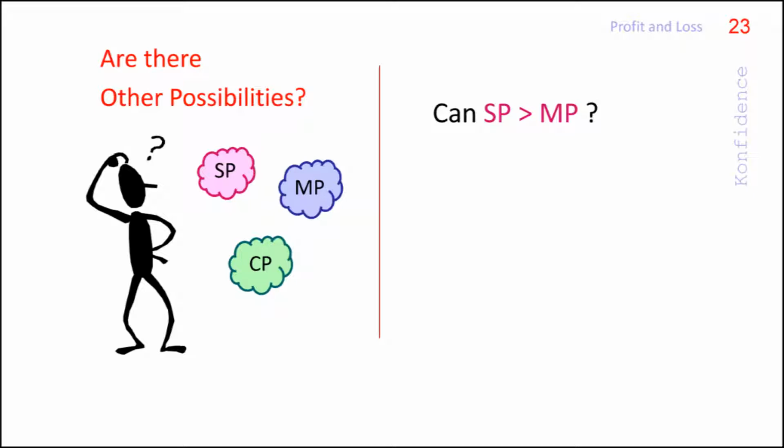Yes, it is possible if there are more buyers for a single product. In that case, the person who gives the maximum amount of money will get the good. The price that he gives may be more than the MP. So the particular condition of SP greater than MP may happen in an auction.